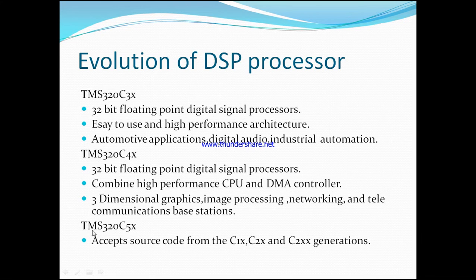The next one is TMS320C5X. This processor accepts source code from the C1X, C2X and C2XX generations. It has faster cycle times, on-chip memories, a parallel logic unit, and zero overhead context switching.